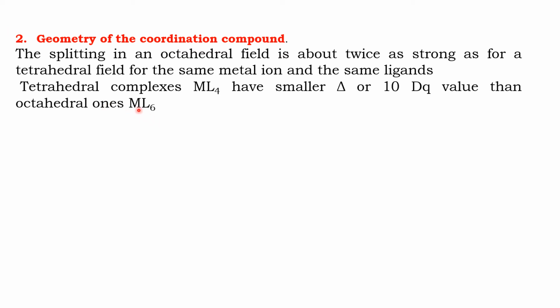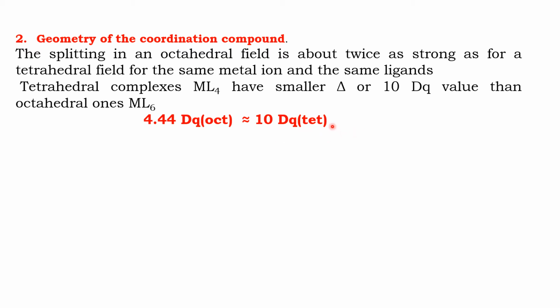So tetrahedral complexes have smaller 10Dq value than octahedral ones. So we have to find out how the quantity is related for octahedral and tetrahedral complexes. See here, 4.4 Dq of octahedral is equivalent to 10 Dq of tetrahedral.